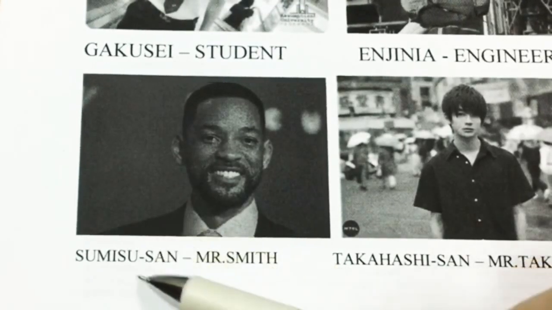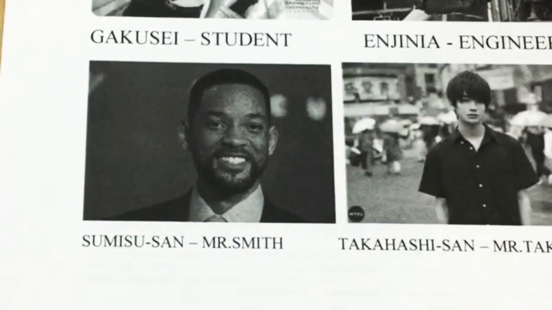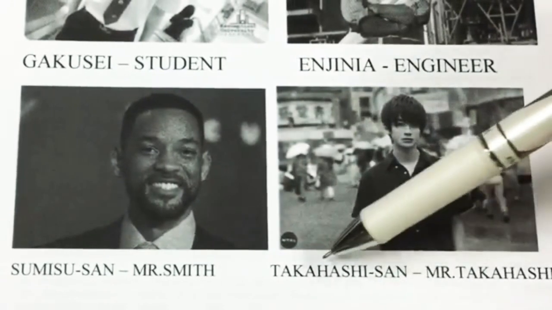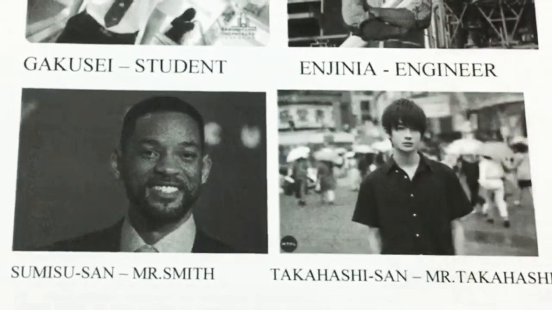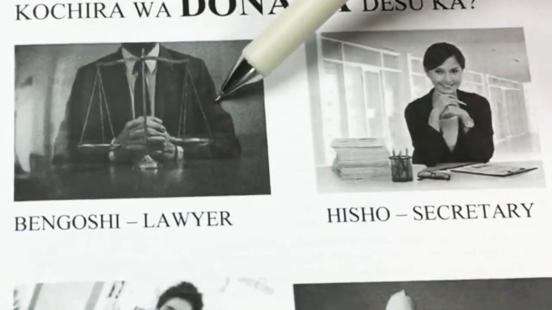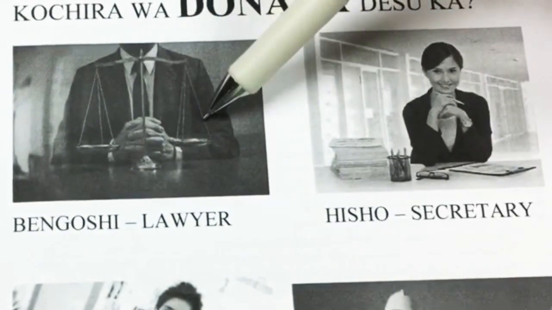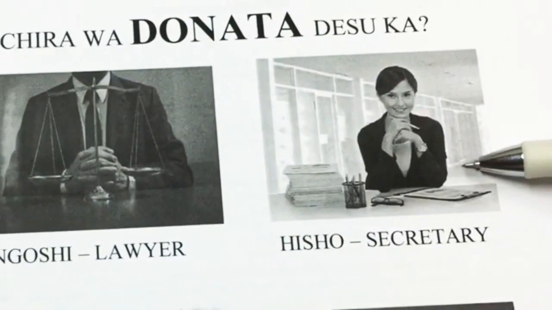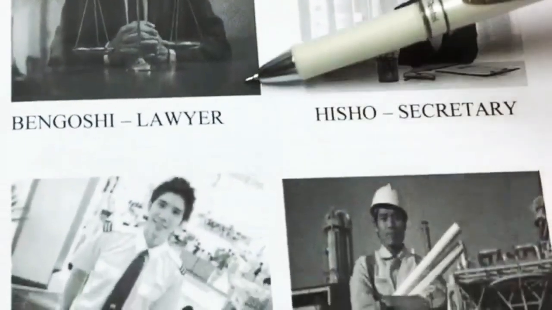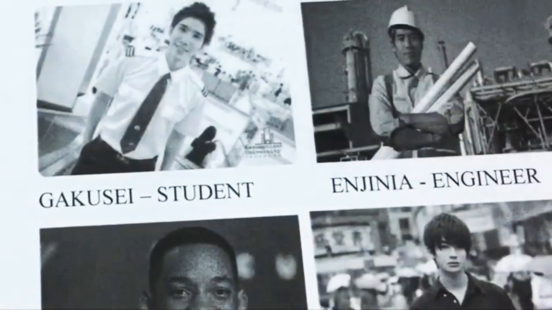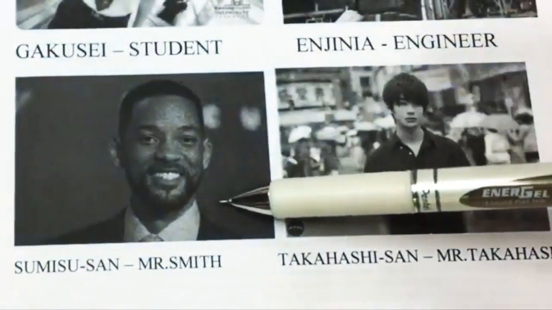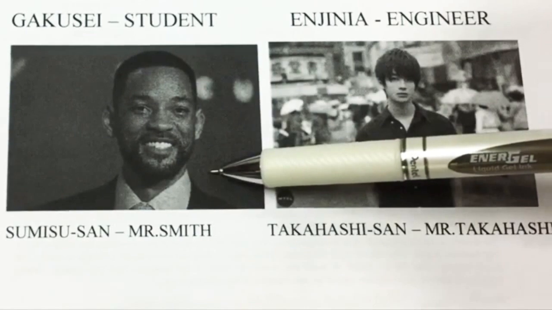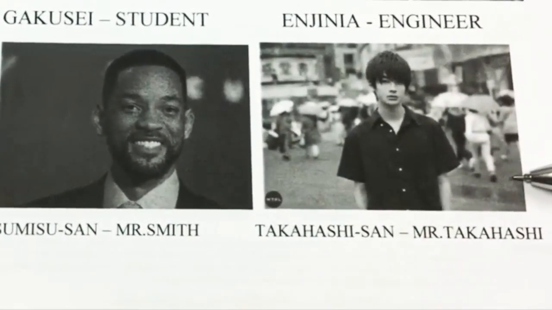So when you call other people's names, let's add さん to the name. こちらは誰ですか? こちらは高橋さんです。This is Mr. 高橋。So let's review the vocab again. こちらはどなたですか? こちらは弁護士です。こちらは秘書です。こちらは学生です。こちらはエンジニアです。こちらはスミスさんです。こちらは高橋さんです。Very good.